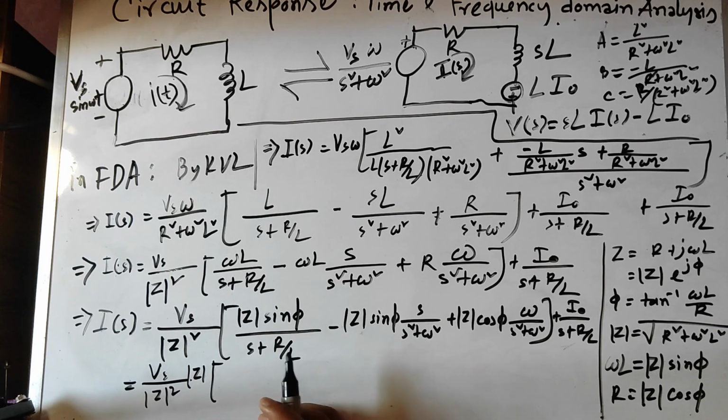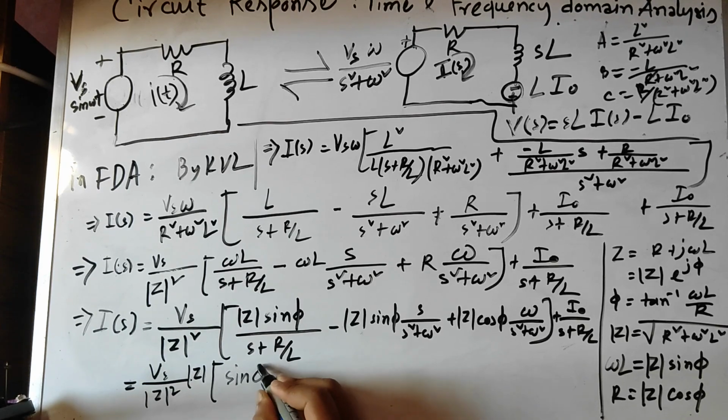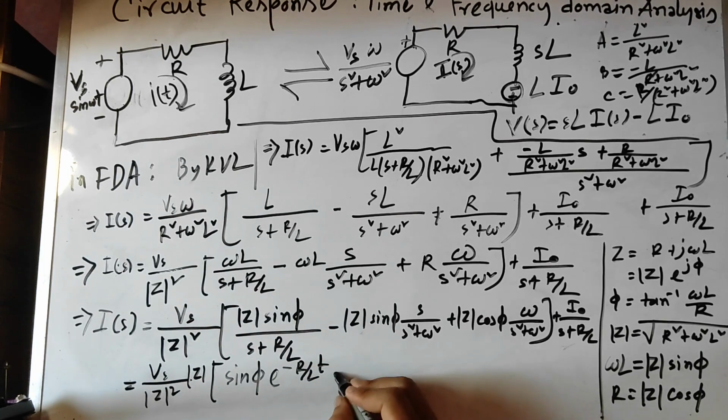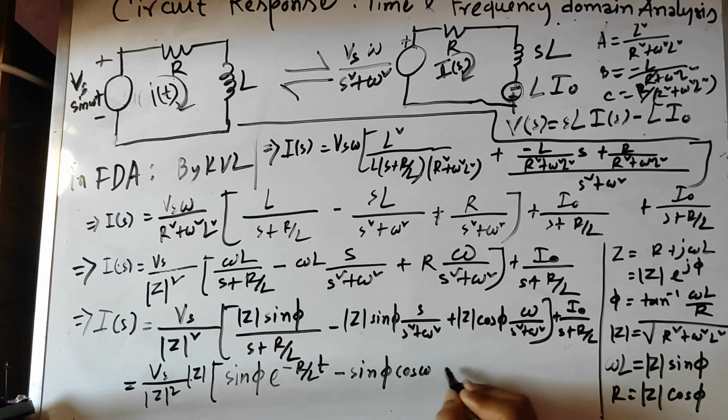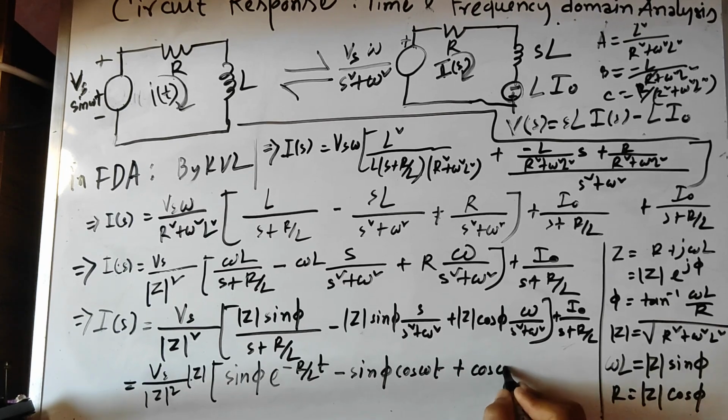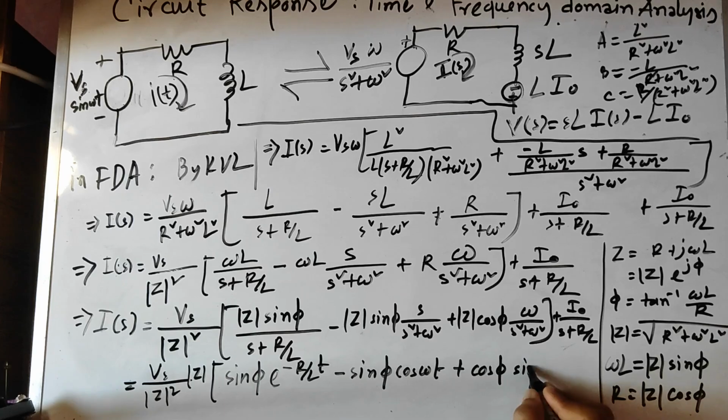If you see the formulas for inverse Laplace transform, the S plus R by L will give sine phi e to the power minus R by L t, minus sine phi cos omega t plus cos phi sine omega t, plus Io e to the power minus R by L t.